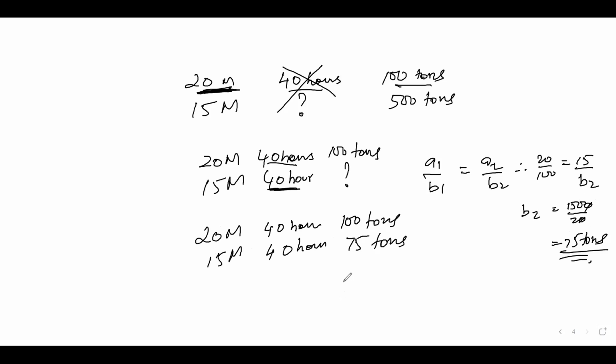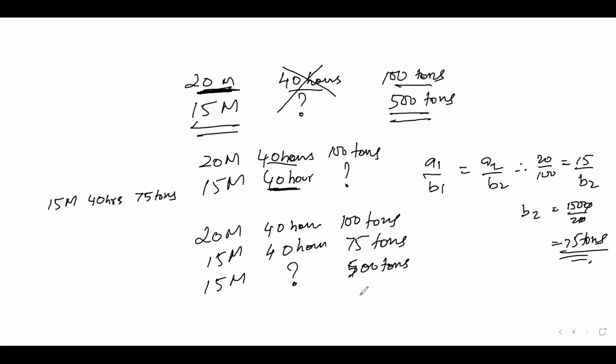So now we have to answer this question. 15 machines, we know 40 hours would do 75 tons, right? So those same 15 machines would take how much time for 500 tons? So 15 machines can do 75 tons in 40 hours.